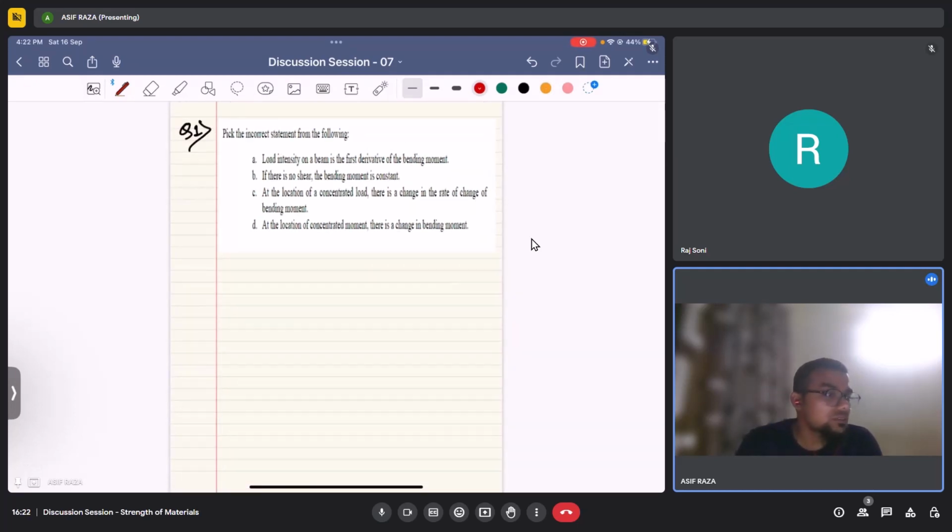Option A, load intensity on a beam is the first derivative of the bending moment. Option B, if there is no shear, the bending moment is constant. Option C, at the location of a concentrated load, there is a change in the rate of change of bending moment. And option D, at the location of a concentrated moment, there is a change in bending moment.